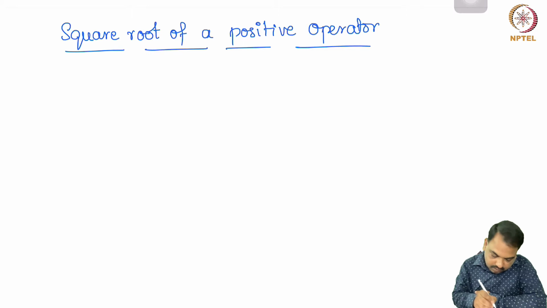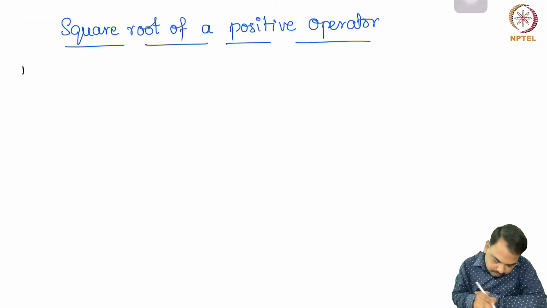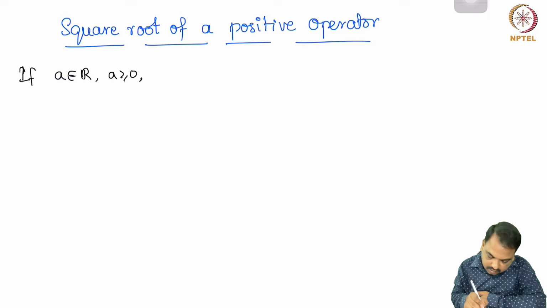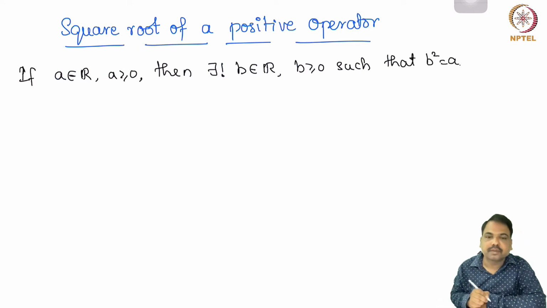We know that if a is a real number which is positive, then there exists a unique b in R which is bigger than 0 such that b square equals a.